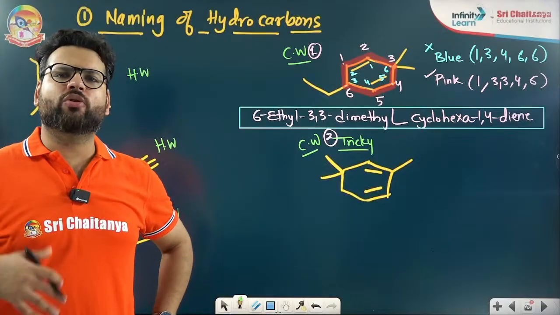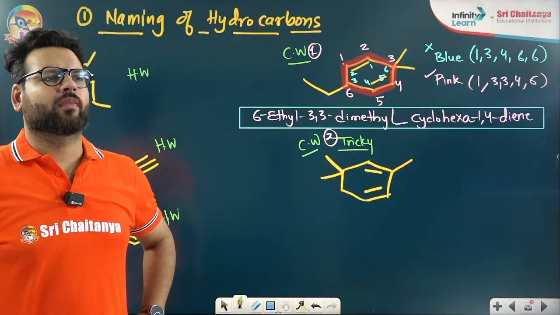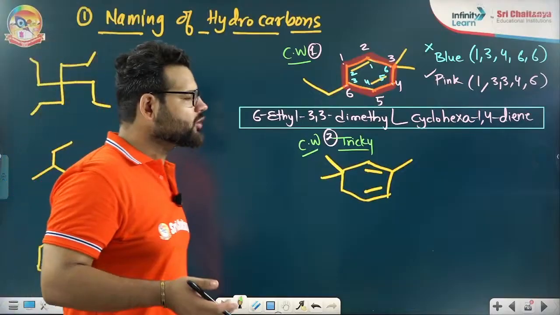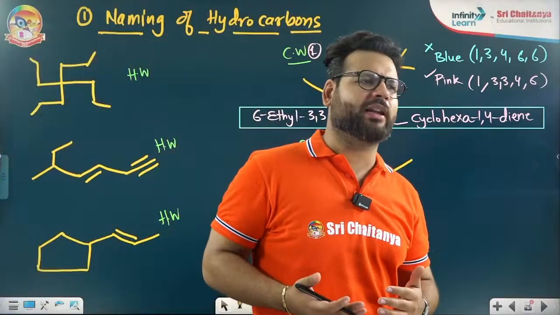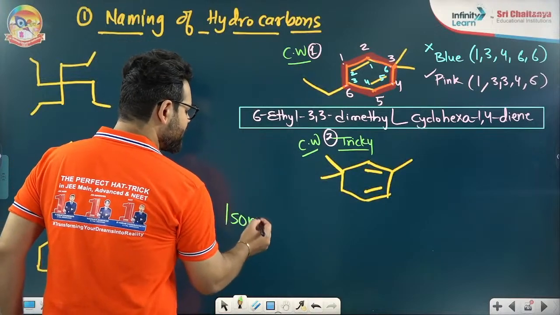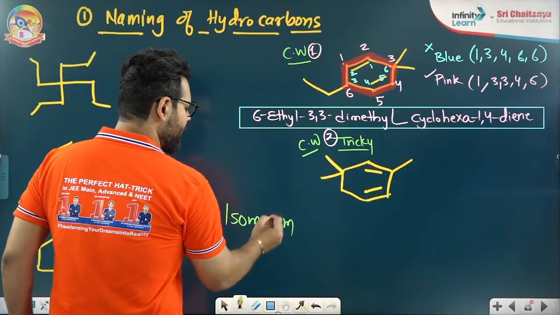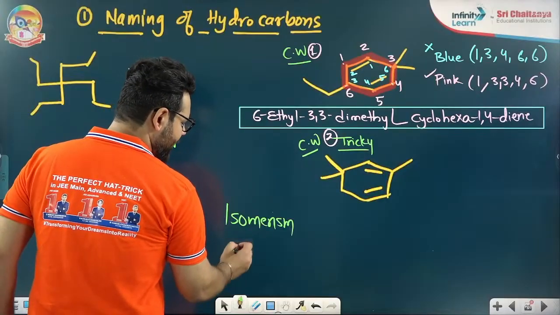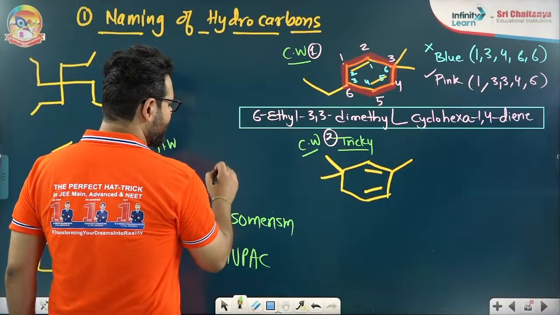Should I go for one more class of nomenclature? You tell me. Should we go for one more class of nomenclature, or should we start isomerism in the next class? If you say isomerism, just mention isomerism. If you say nomenclature, just write IUPAC.